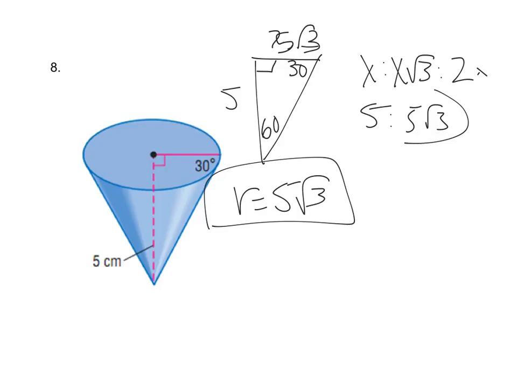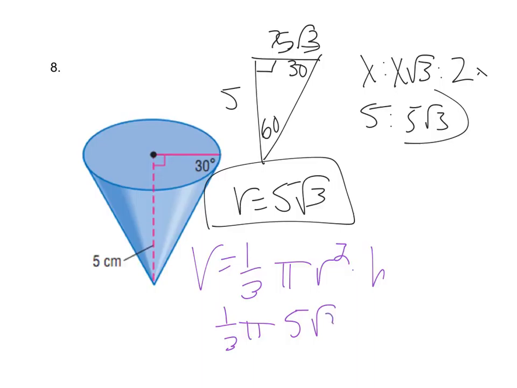All right, now why did I leave it like that? Well, I left it like that because when I go to figure out my volume here, watch what's going to happen. Pi r squared times the height. Well, 1/3 pi 5 square root of 3 squared times 5. Well, 5 times the square root of 3, then I'm going to square that whole thing, is going to give me 75.